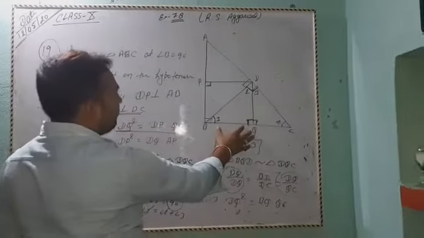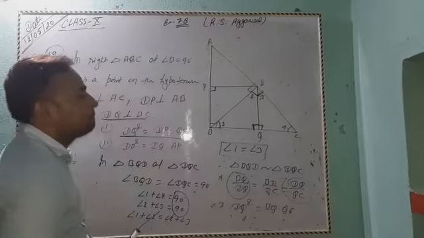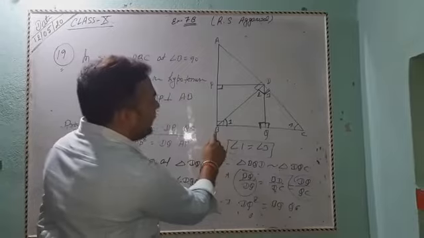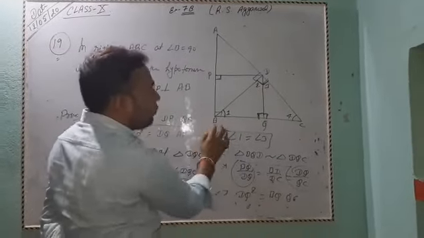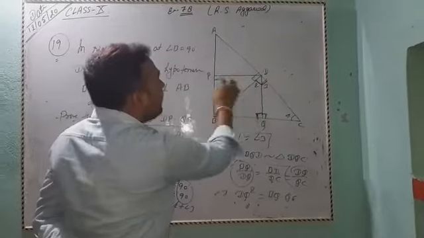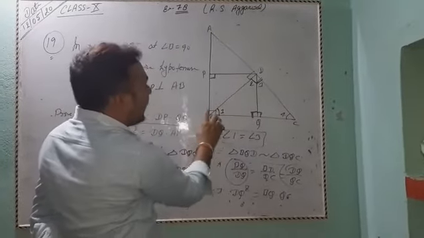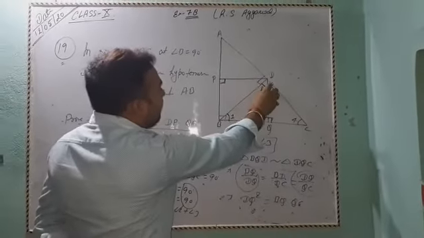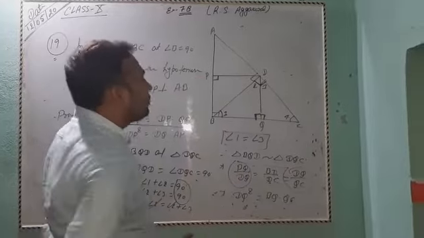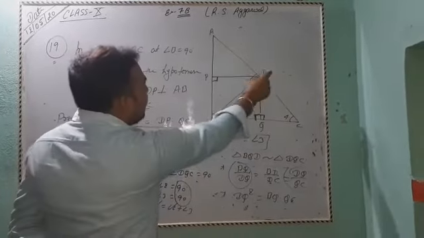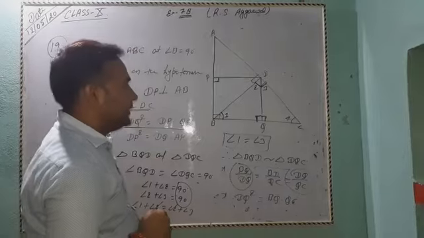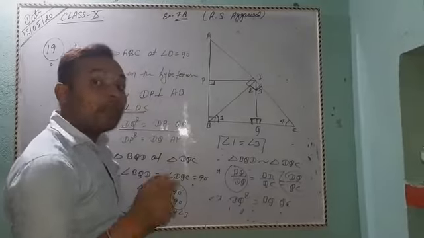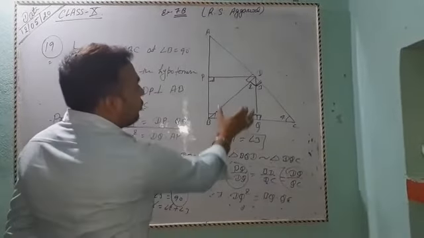So BQ and PD are equal because in quadrilateral BQDP, angle B equal to 90 degrees, angle Q equal to 90 degrees, angle D equal to 90 degrees and angle P equal to 90 degrees. BQDP is a rectangle. Then the opposite sides of a rectangle are equal. Then we write BQ equal to PD.